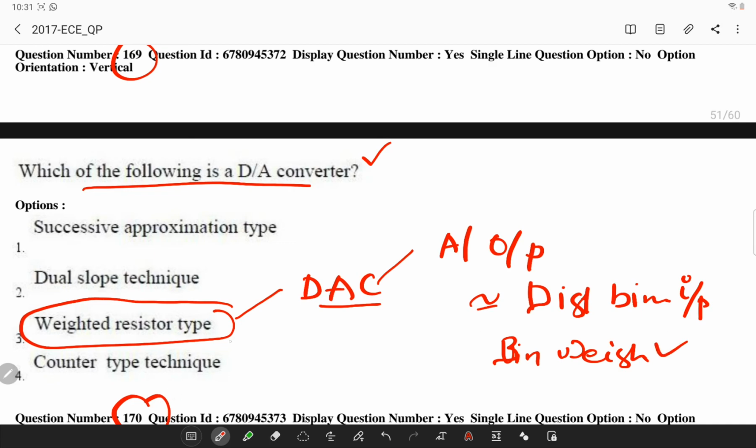So in short, you can say a binary weighted resistor DAC, which is also called a weighted resistor DAC.